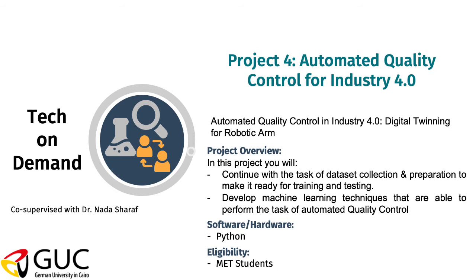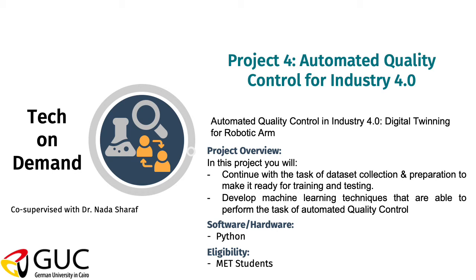The fourth project, and the final one in the Tech on Demand group, is a project on automated quality control for Industry 4.0, and it's a digital twinning for the robotic arm. Also, this project is in its second year. Last year, we had a group of around 12 bachelor students developing a system that performs automated quality control using a robotic arm and a conveyor belt.